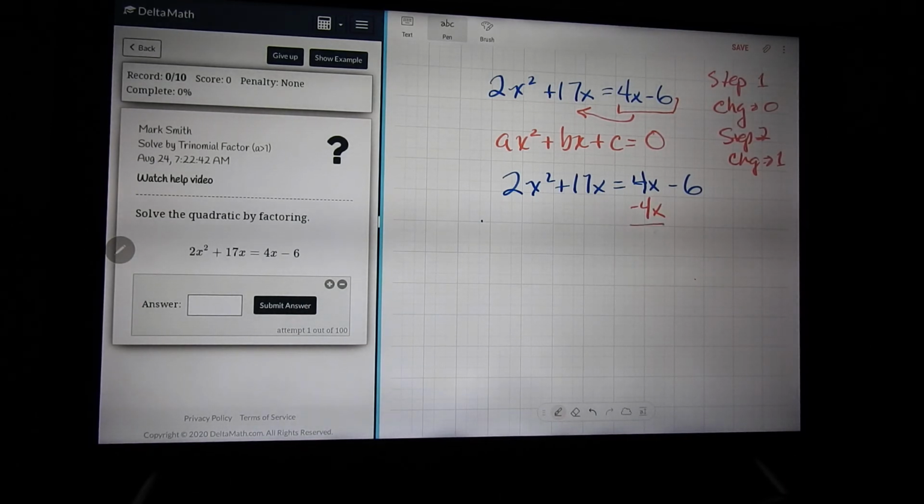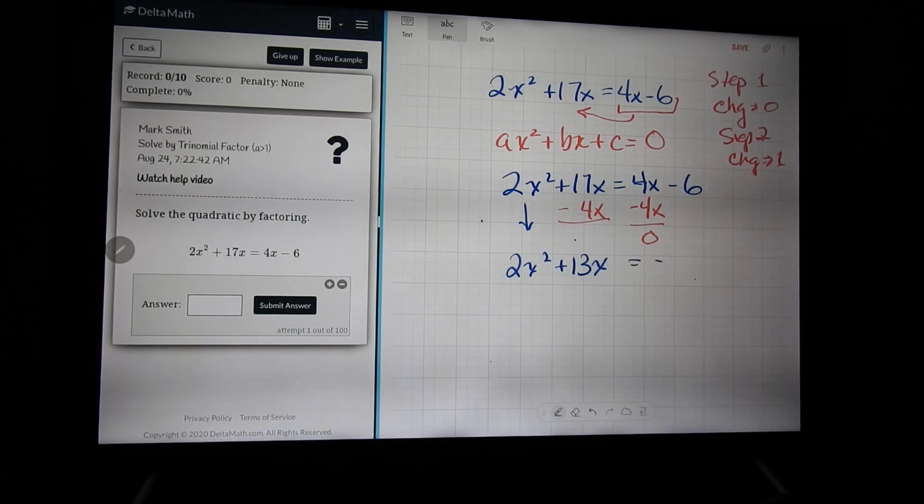If we do it on this side, that makes that a 0. We need to do that also on this side, which makes this equal to 13x. And we have 2x squared. Bring that down. And now all we have left over here is negative 6.